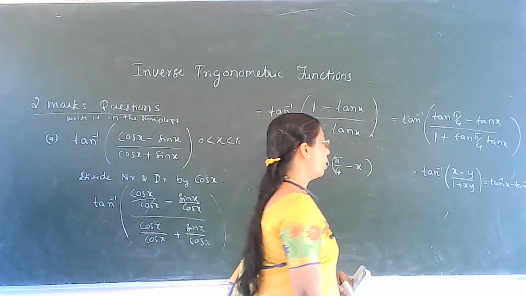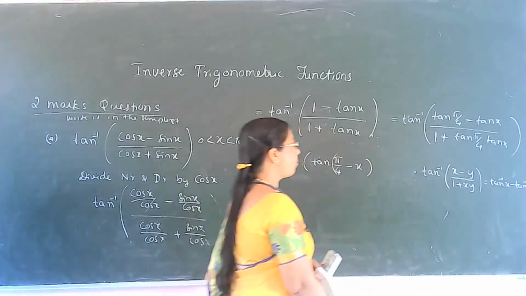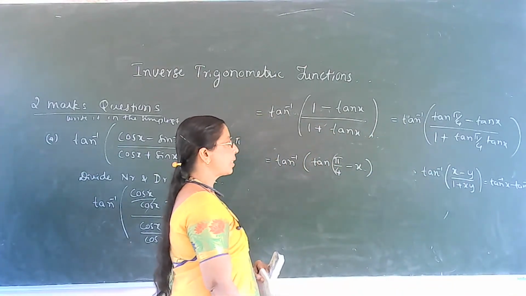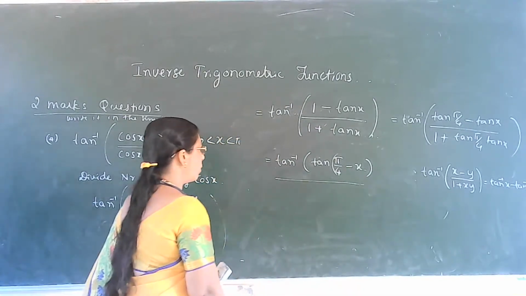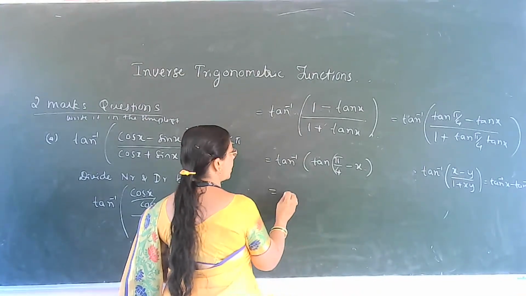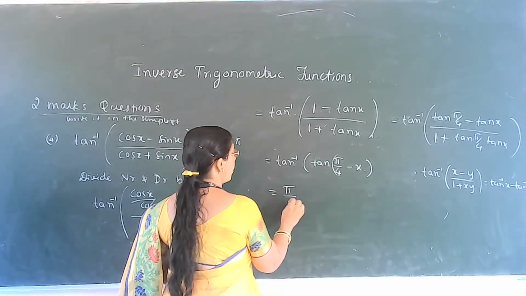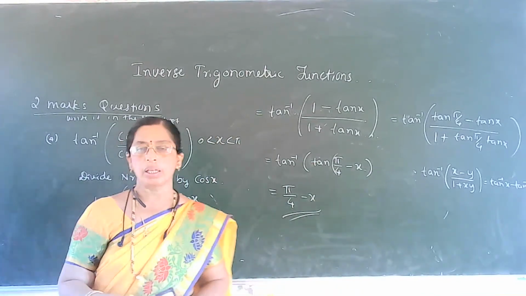Then using this, we get tan inverse of tan pi by 4 minus x. Tan cancels. The answer is pi by 4 minus x.